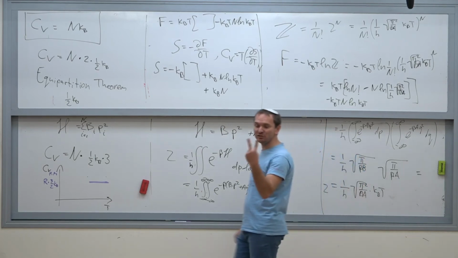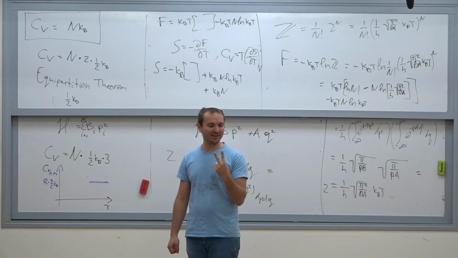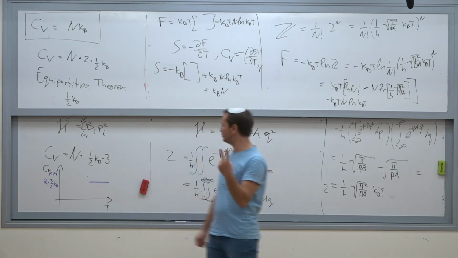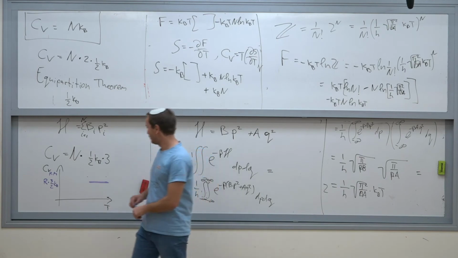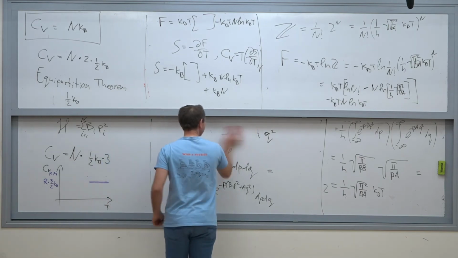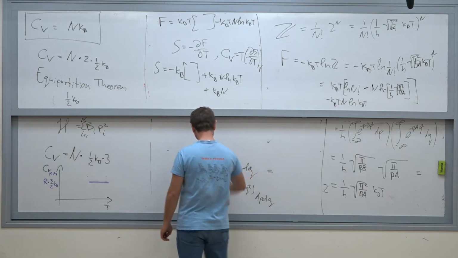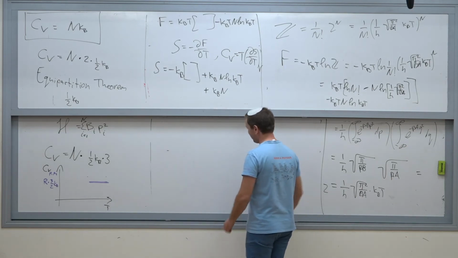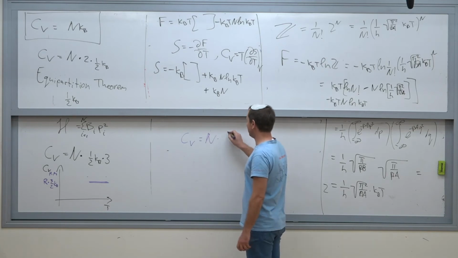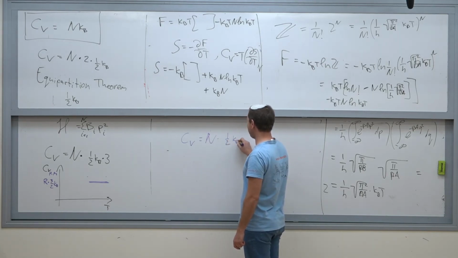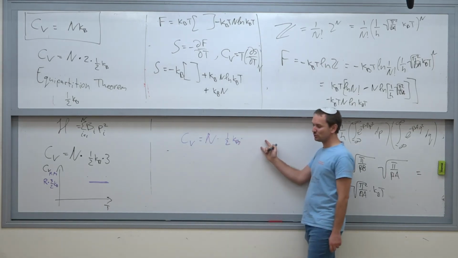So they have 2 additional degrees of freedom. In this case, when they can also rotate, what do you expect for your C_V? C_V is again n multiplied by 1/2 k_B by the number of degrees of freedom.